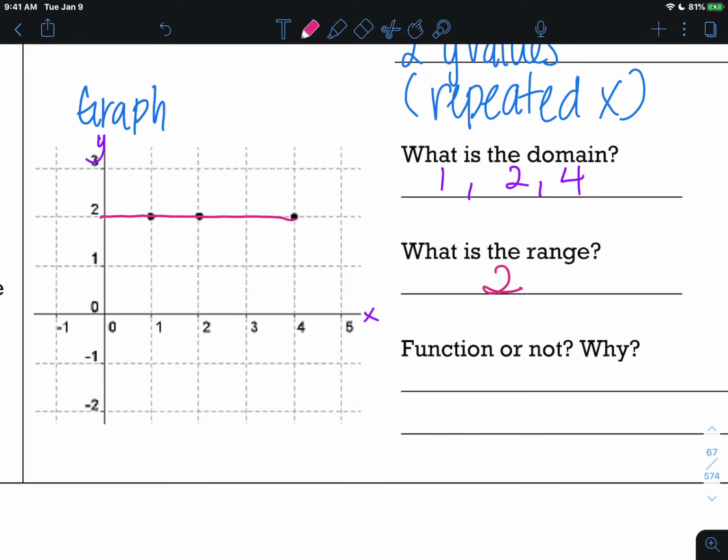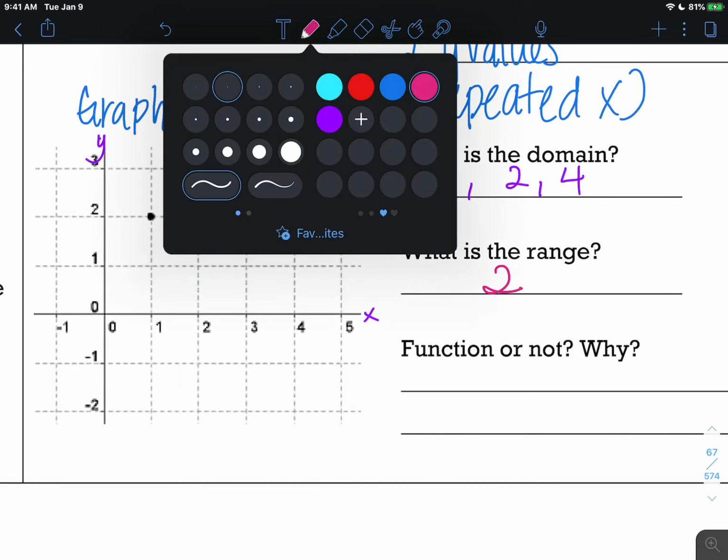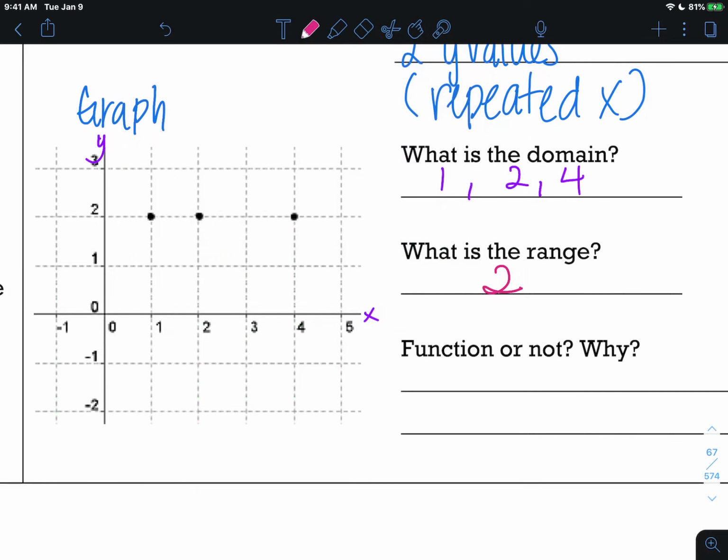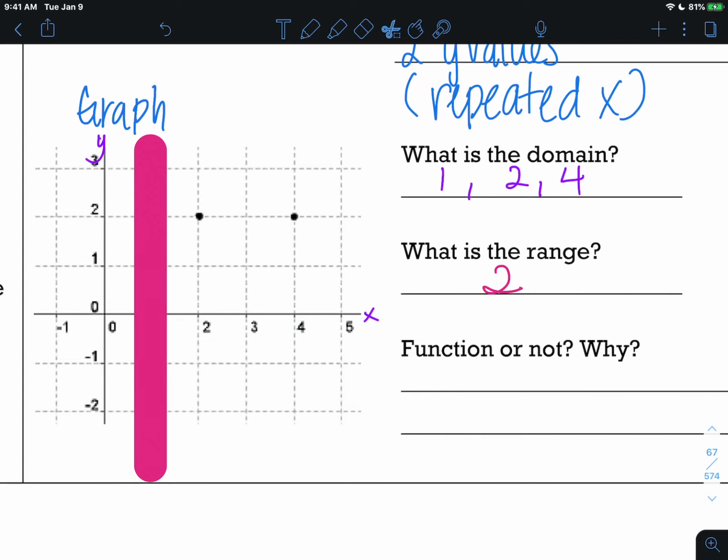So this is a weird one. Is this a function? Is it not a function? Well, I'm not really sure. There's a different way to do this on a graph, and some people are able to look at these and know exactly what it is, and other people, like me, just don't.